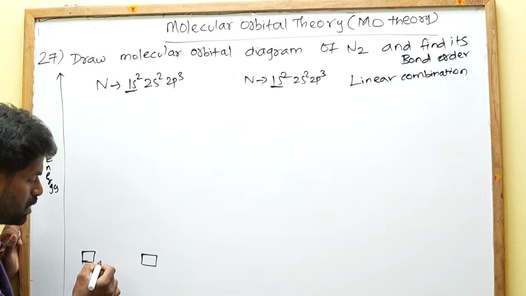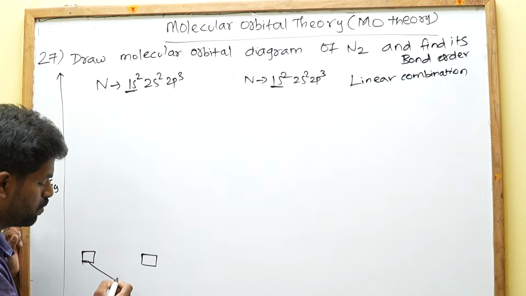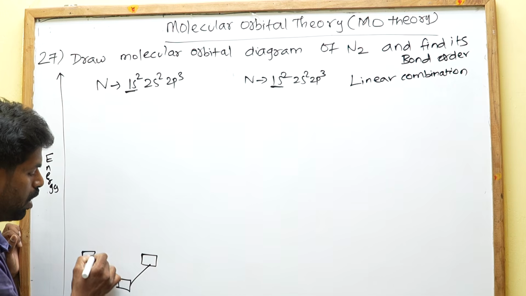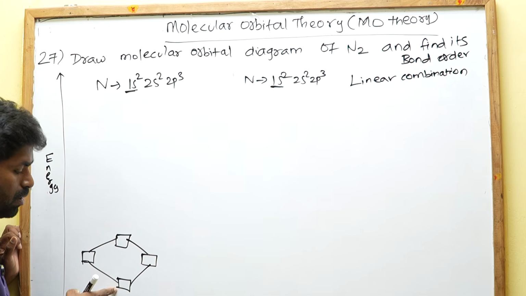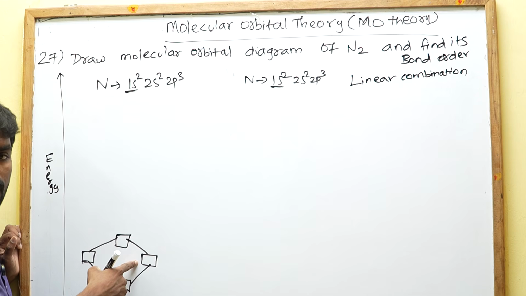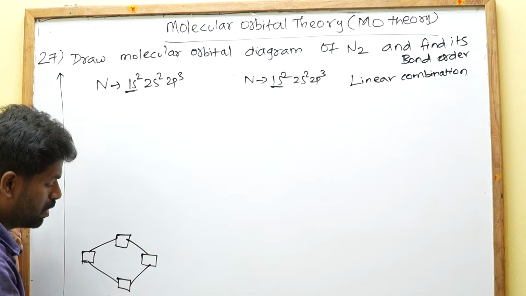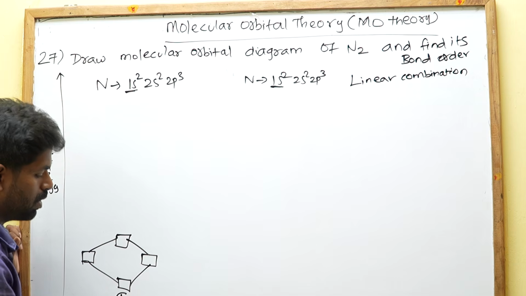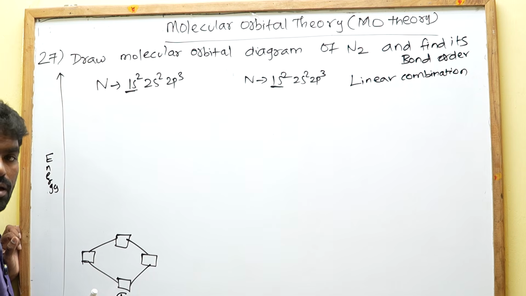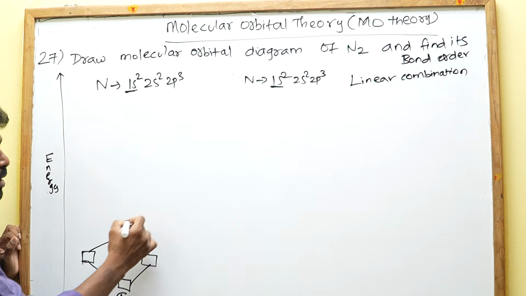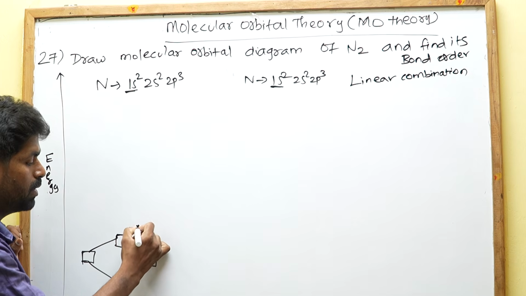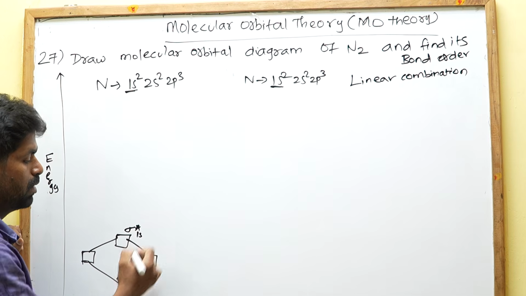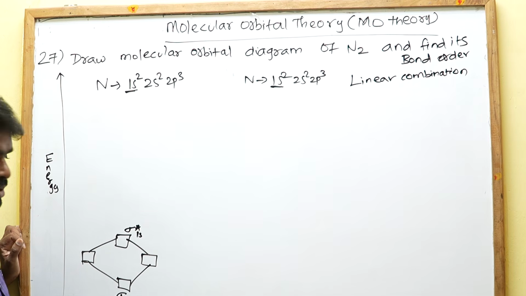The atomic orbitals undergo linear combination that produces two molecular orbitals with different energy levels. The one below the atomic orbital energy level is called a bonding molecular orbital, represented as sigma 1s, whereas the higher energy molecular orbital is called an anti-bonding molecular orbital, which is sigma star 1s.